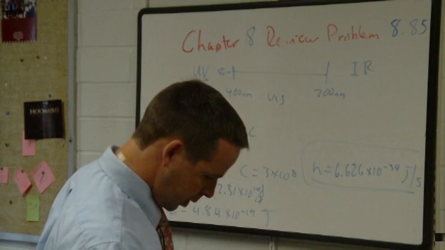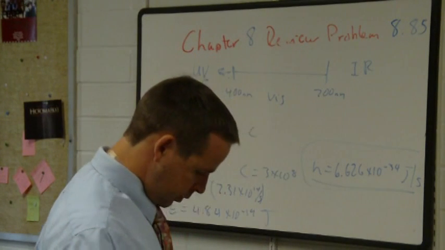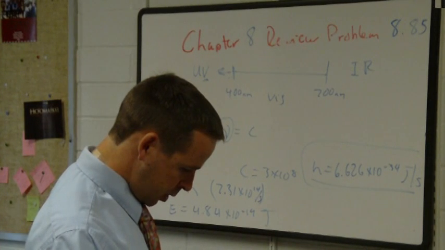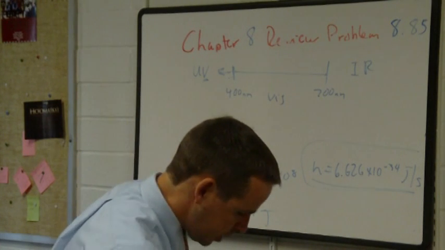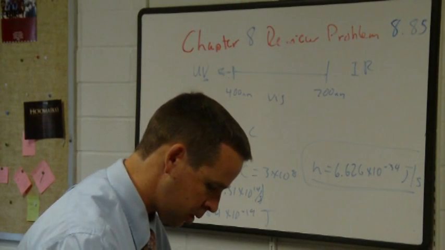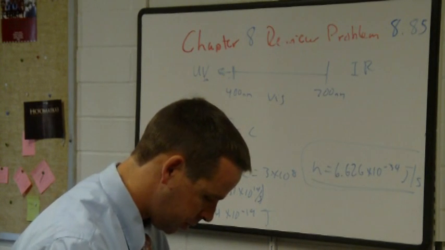887. Use the Rydberg equation to calculate the wavelength in nanometers at the spectral line of hydrogen, for which N2 equals 6, N1 equals 3. Report your answer using 3 significant figures. Would we expect to see the light corresponding to this spectral line? Explain your answer. Okay, so we're going to use the Rydberg equation. We have to find the Rydberg equation in our book. We don't have to memorize these long equations.